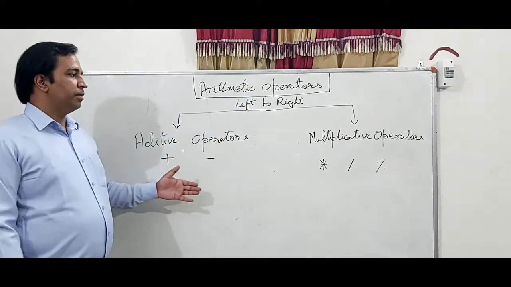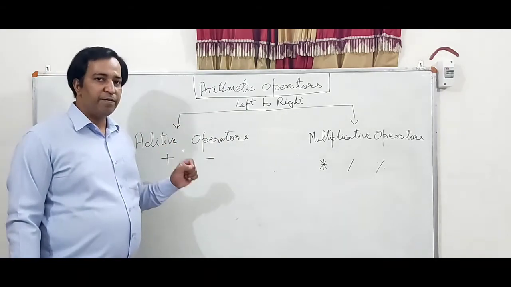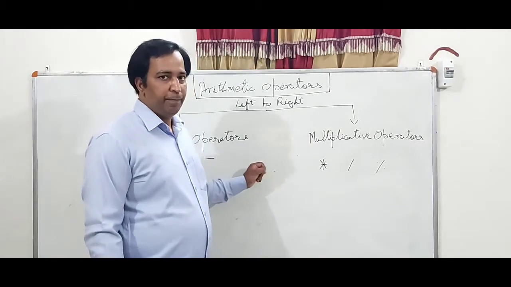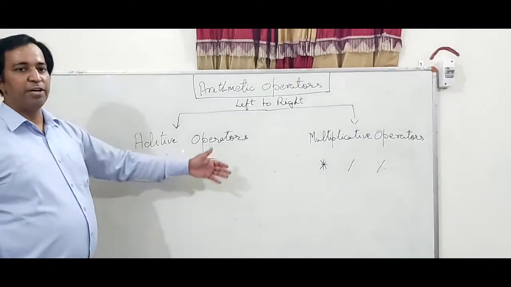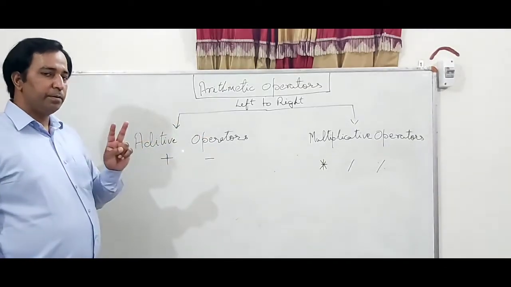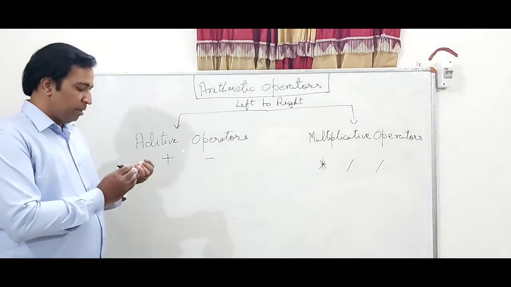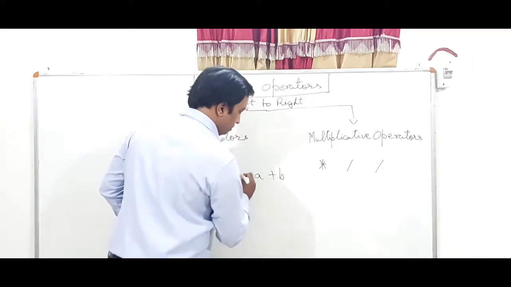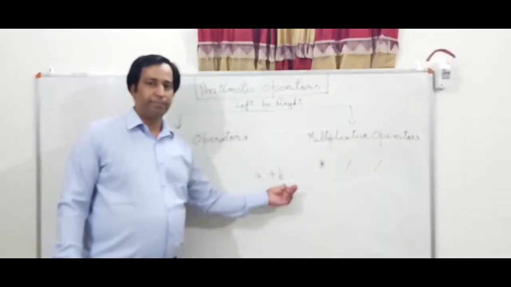For any operator we need to understand one more very important thing, that is called the associativity of that operator. Like I have explained, these are binary operators. They need two operands to operate on. For example, if I write a plus b, it has two sides, left and right.